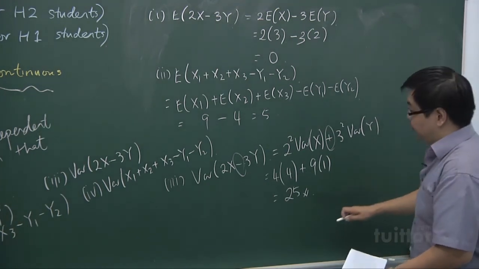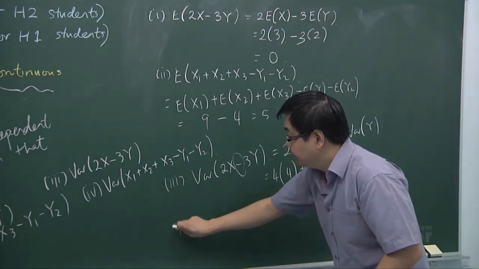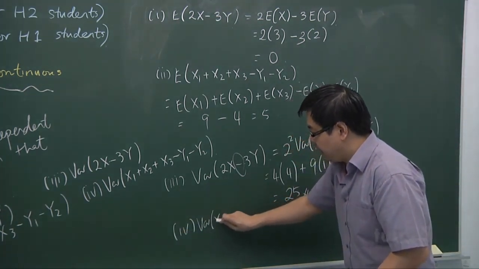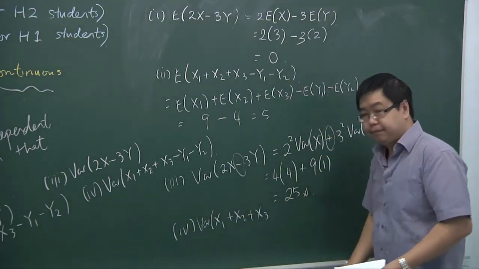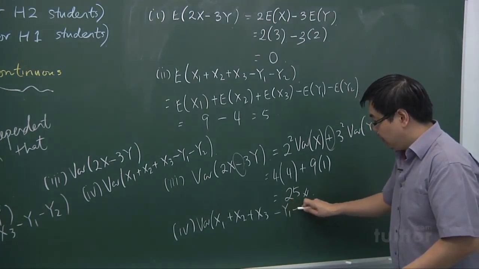Now let's take a look at part 4. We want to find the variance of x1 plus x2 plus x3 minus y1 minus y2.